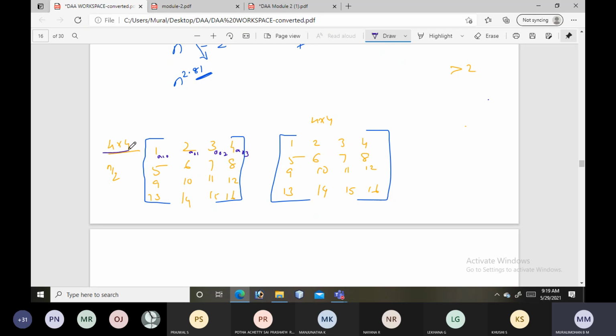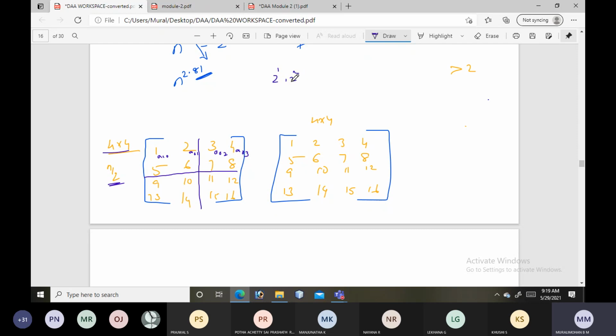Now, since it is 4 cross 4, we will divide this into n by 2. So when I divide, I will get it like this. In Strassen's multiplication, I told you we will take powers of 2 only.